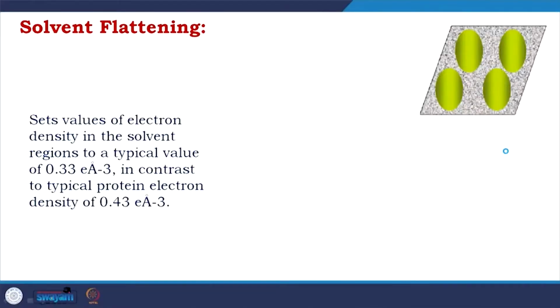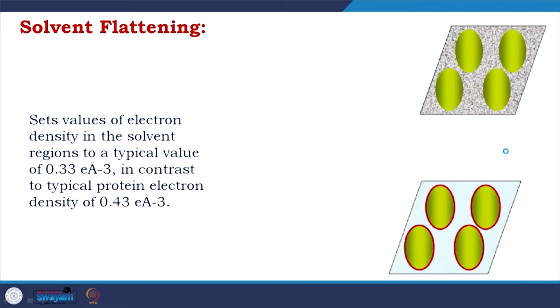And if this is the starting point what we get from the experiment, where we are using the typical protein electron density, now after solvent flattening you see that the solvents are getting more clear structure. So, if you see in the actual structure, the electron density, the waters, they are now even more sharp.